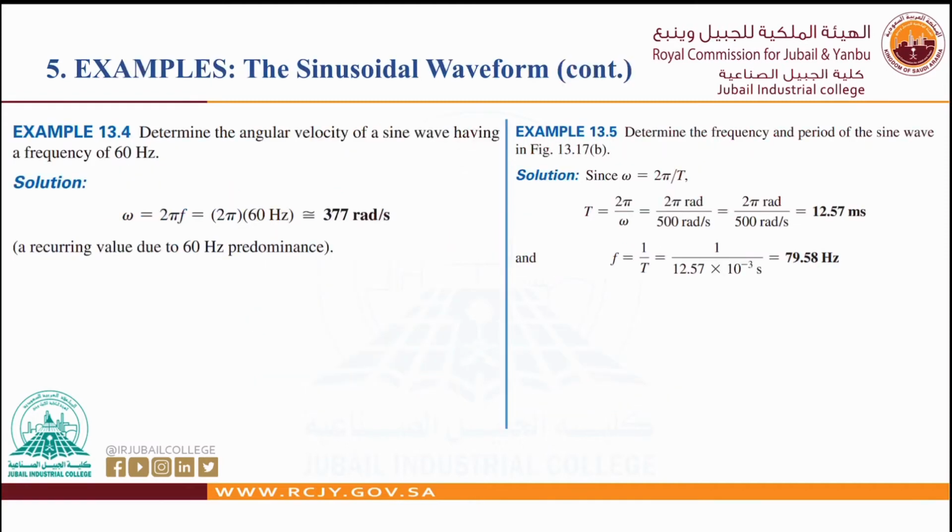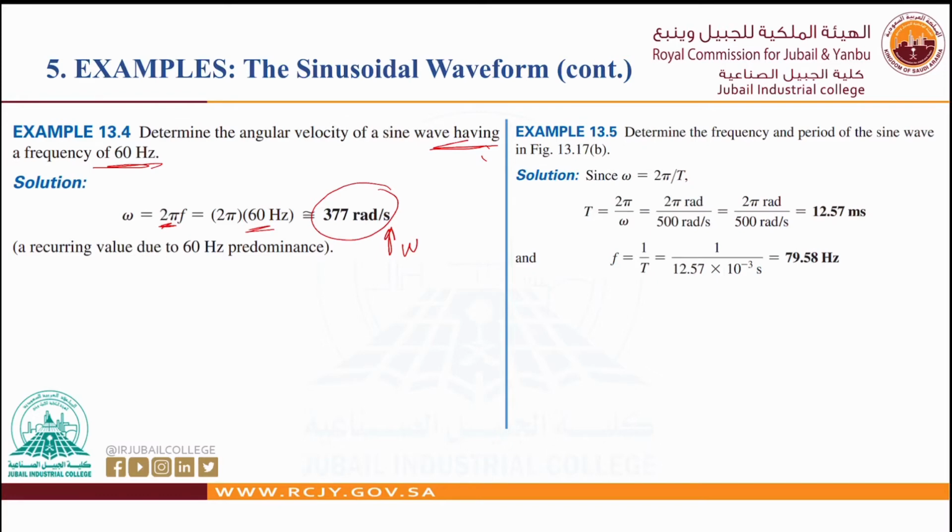Now example 13.4: determine the angular velocity of a sine wave having 60 hertz. If I have 60, then 2 multiplied by pi multiplied by 60 gives 377 radians per second. The unit of omega is radian per second.